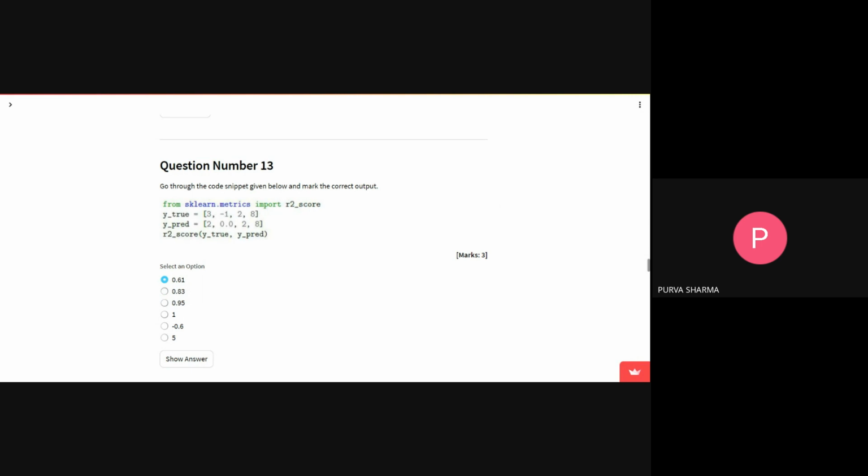Ma'am, for R2 score we need to find the covariance and standard deviation, all those things, right? There is a simple formula given in the slides, if you remember. Don't remember, ma'am.